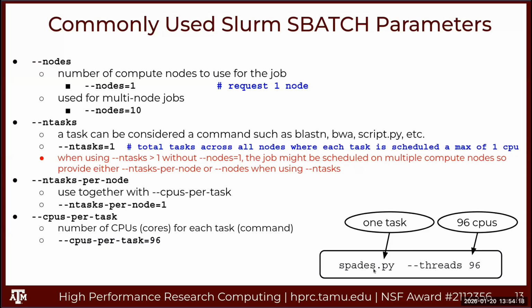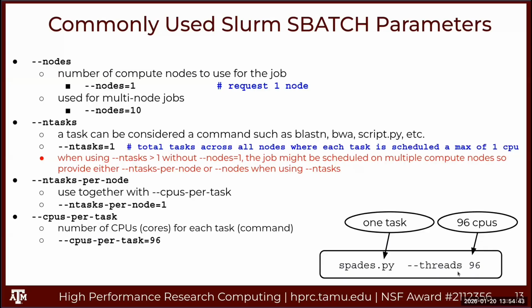And again, make sure that the software supports that many threads. You can run the help for the software and it will let you know if it supports threads. That's another word that we use for CPUs, or cores. Some software uses the term cores, some software uses threads.